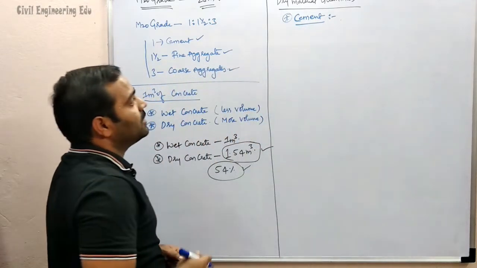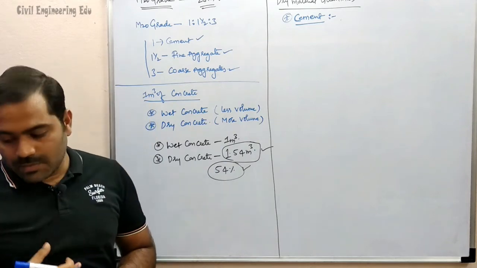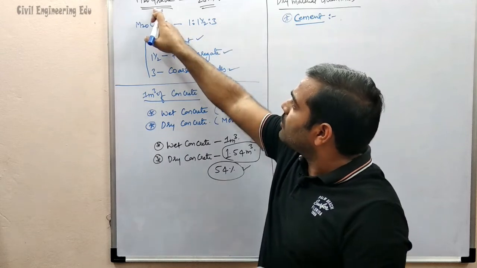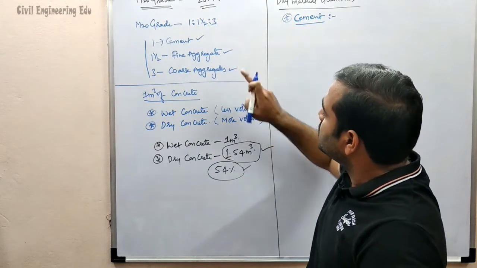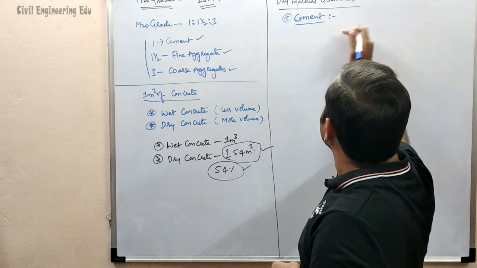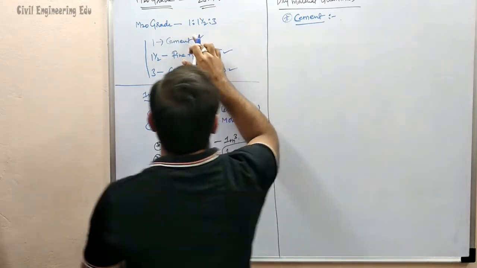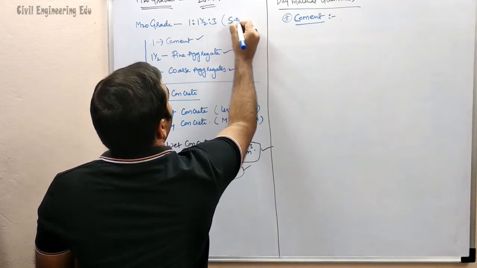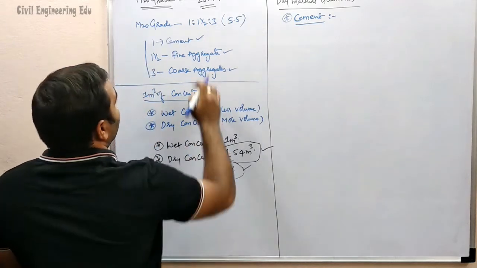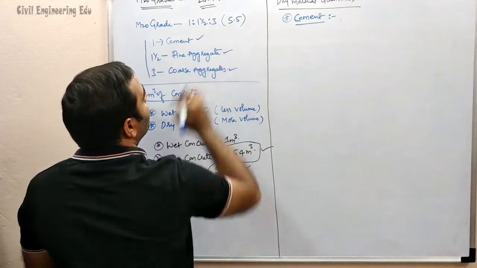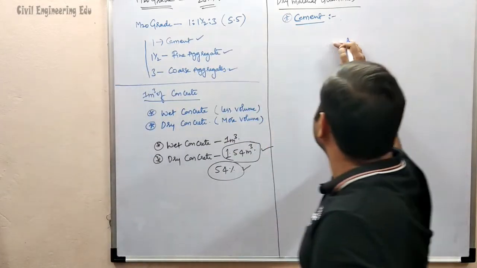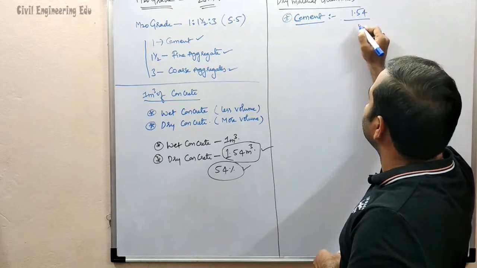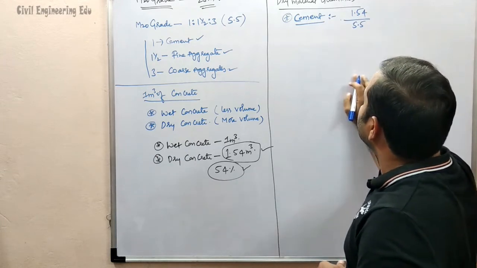How we will calculate the quantity of cement required for 1 cubic meter? So here same, I will take M20 grade of concrete only. This mixed proportion will be for M20 grade. So here addition of 1:1.5:3 will be 5.5. So here directly I need to take 1.54 divided by 5.5.